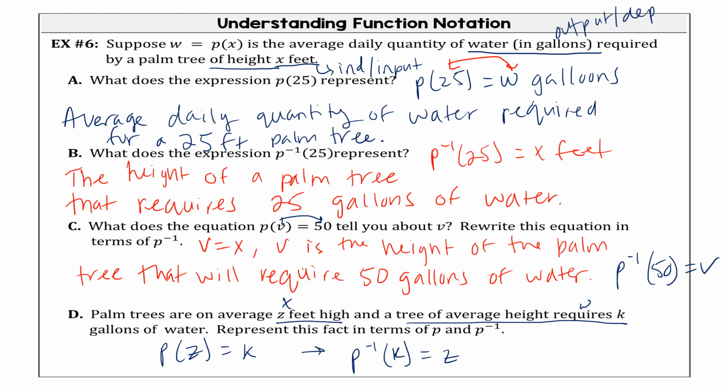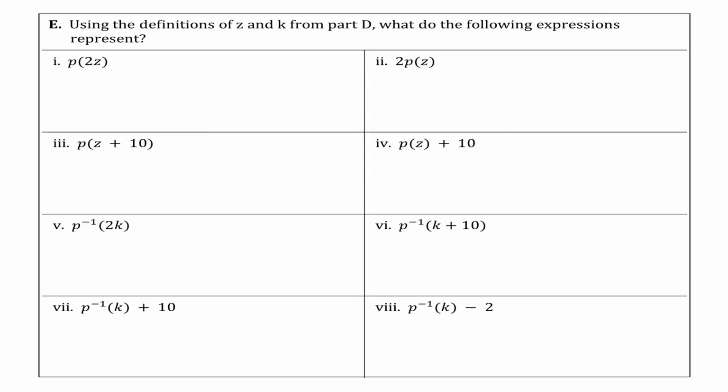All right, so continuing on with our interpretations here. So let's look at some more. Still using our Z and our K from part D, what would the following expressions represent? So if I said P of 2Z, what's happening here? Well, what did I do? I doubled, right?